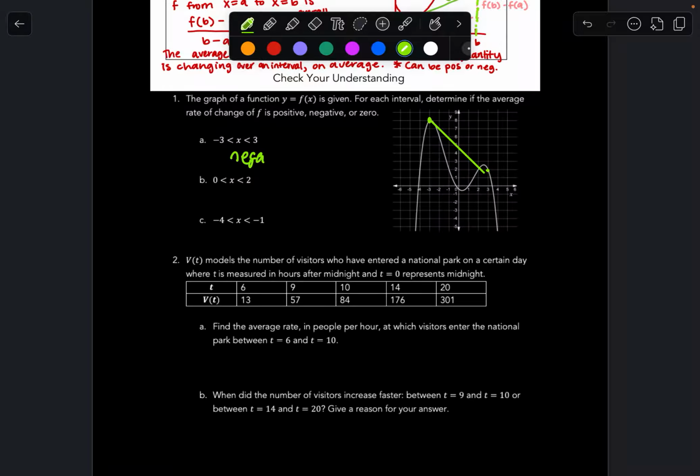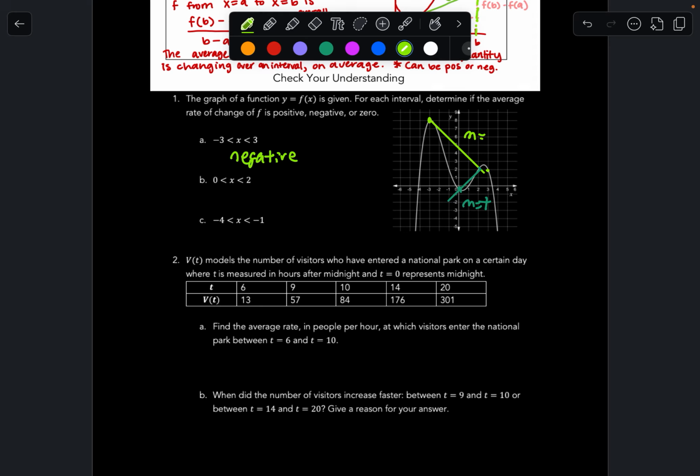Okay, between 0 and 2, you can see that the slope of this line, m, is positive. This one was m equals negative.